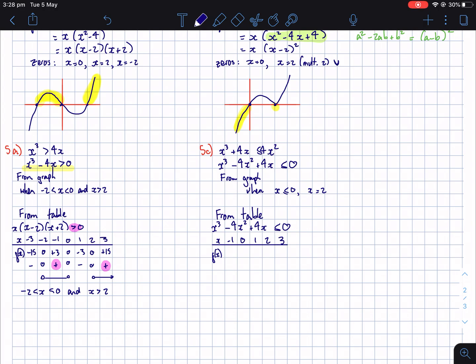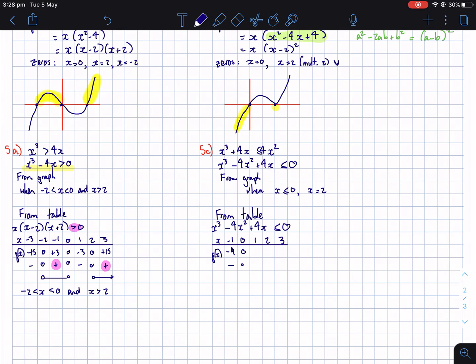All right, let's chuck it in. Negative 1 cubed, take 4 times negative 1 squared, plus 4 times negative 1. Doesn't matter if I use this form or this form. This one actually would have been easier, but I'm committed to the other one now. I've put it in my calculator. So that's negative 9. This will be 0, which is negative. This will be 0, which is 0.